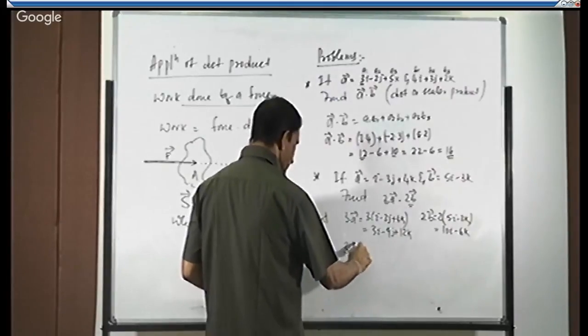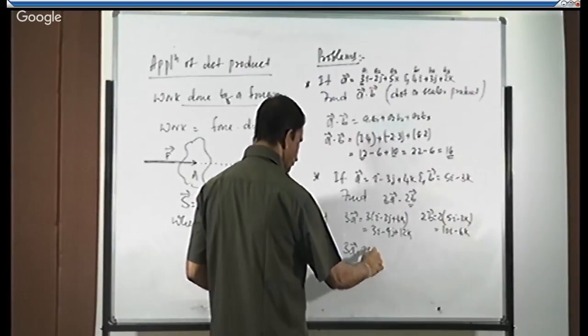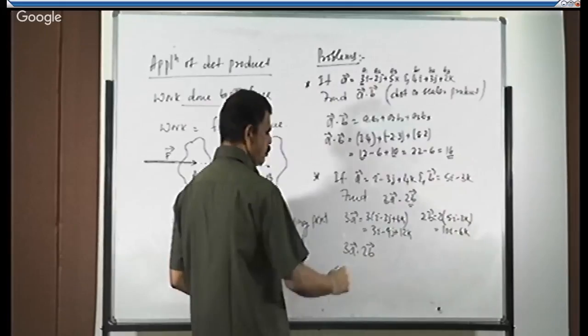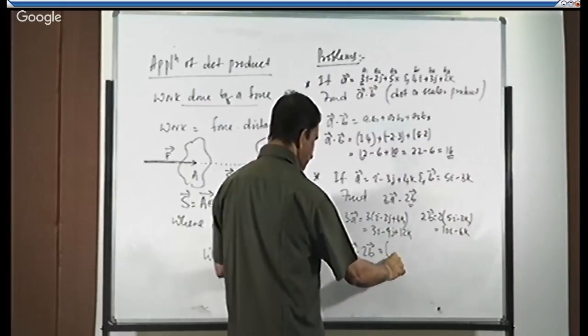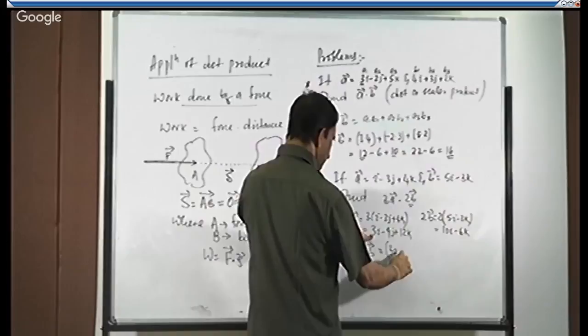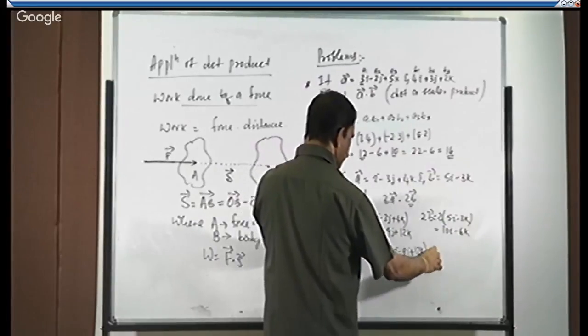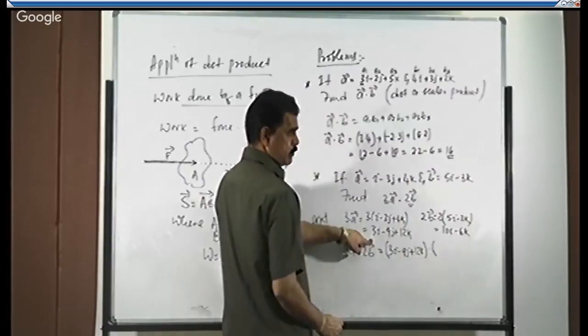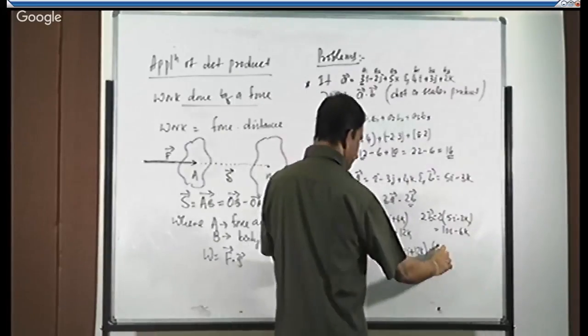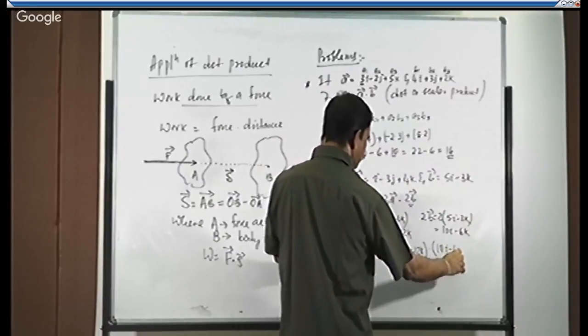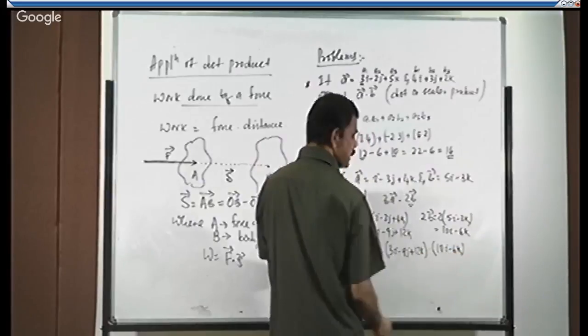Now 3A dot 2B. Write 3A, that is 3i minus 9j plus 12k dot 2B. 2B is what? 10i minus 6k.